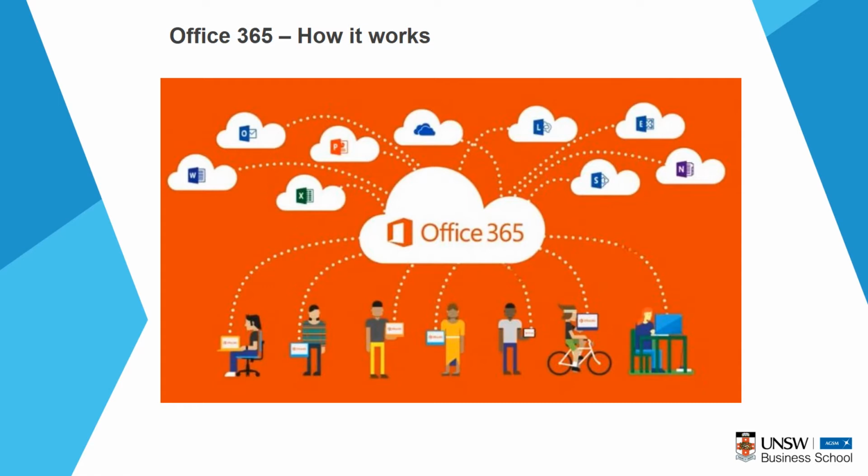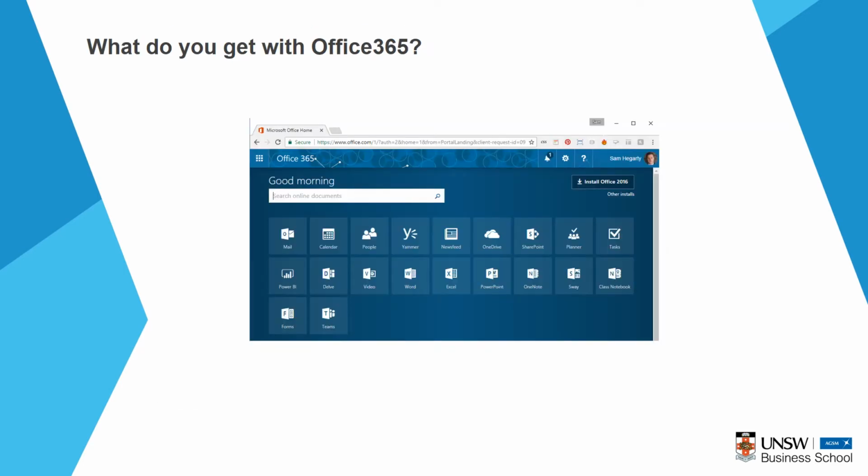I then leave work, jump on the bus because I work really hard, and I want to keep working on that document. So it's all there for me on my phone. There's an app, and I can continue working on that document seamlessly. So it's not tied to an individual computer per se. It's tied to an overall cloud version of things.